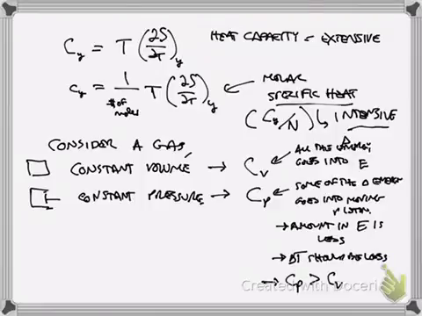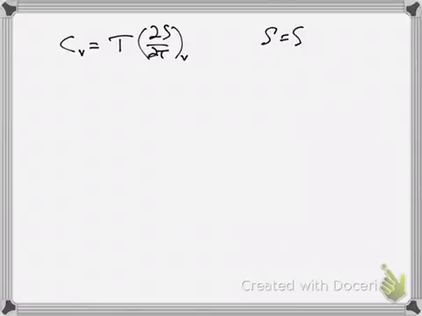Now, the other subtlety that I want to get to here. Remember I said that Cv, for example, was T partial S partial T at constant V. Remember I told you that the original natural variables for S were E, V, and N. So this kind of partial derivative with respect to T is a bit tricky.